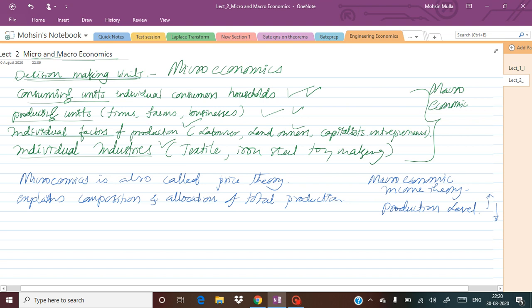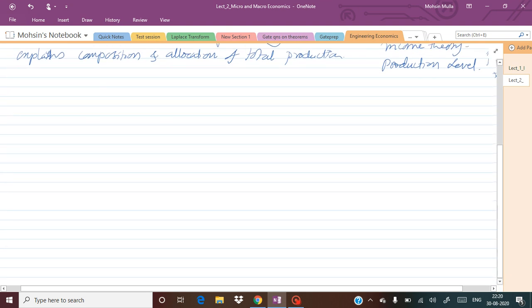Now let us go deeper into microeconomics. The word micro means a millionth part. So when we speak of microeconomics or the micro approach, what we mean is that we are analyzing some small part or component of the whole economy.